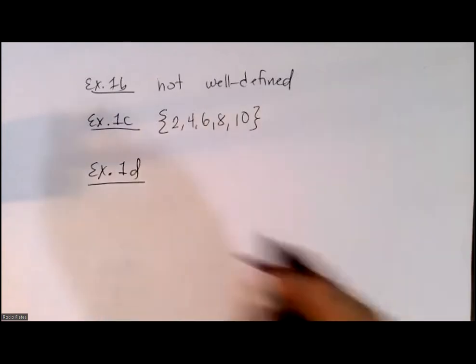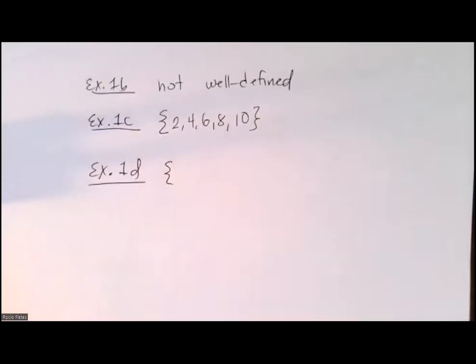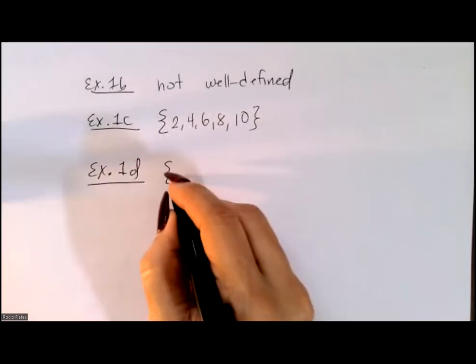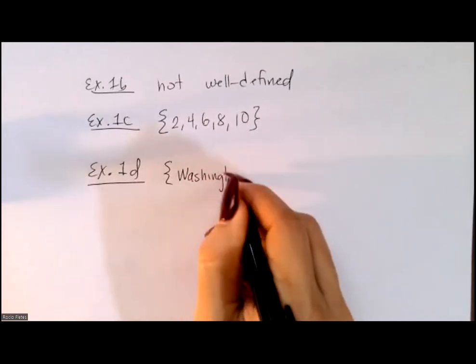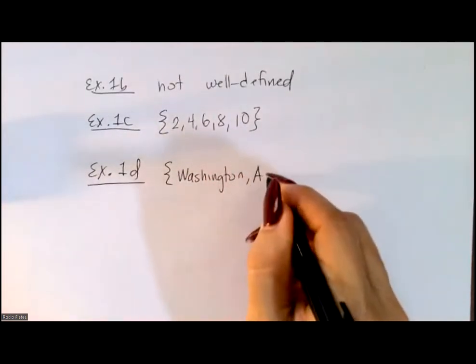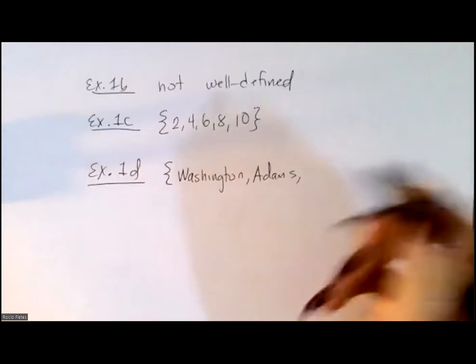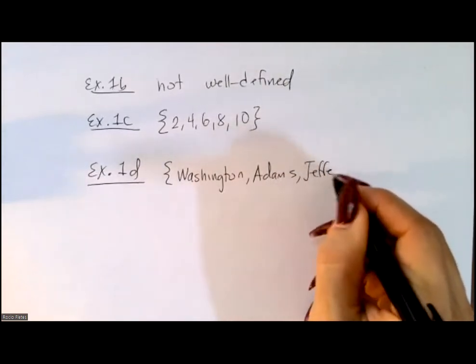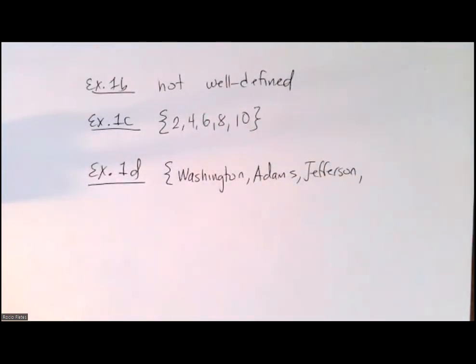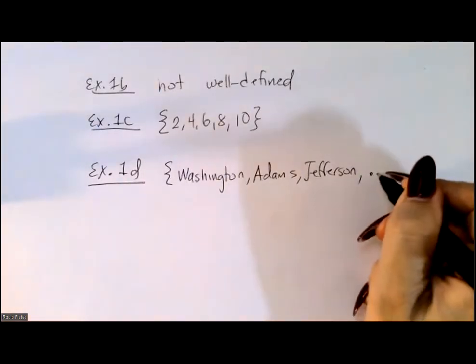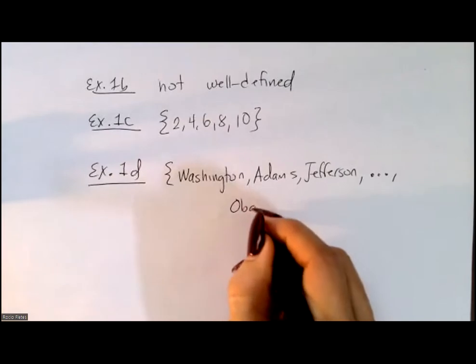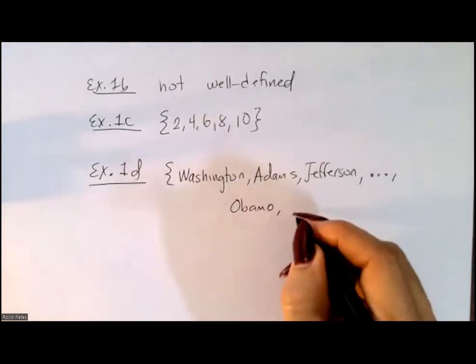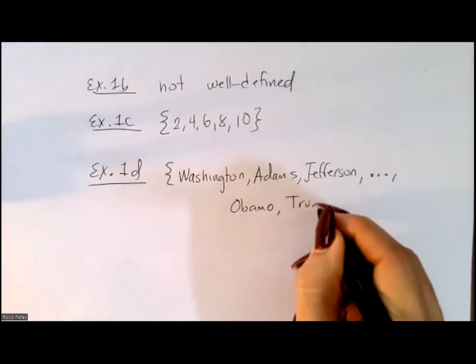You can use a roster method and list, for example, the first three of them. I'm just picking some from the list here, and I'm going to follow what they did, but you can do it in any other way.